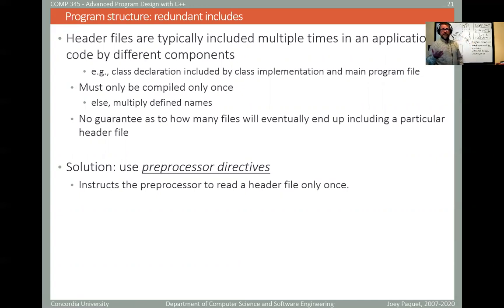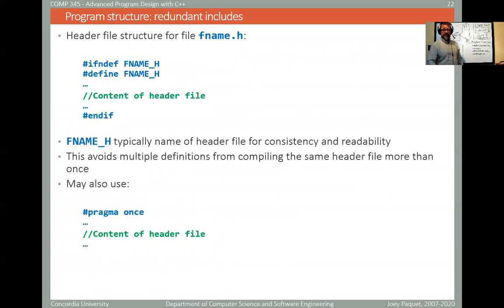There's a preprocessor directive that you can use to prevent multiple or redundant includes. One way is to use a hash if not defined and hash define. Let's start with hash define: you basically declare a variable that is used by the preprocessor. Here, the variable name is fname_h, assuming the name of this header file is fname.h.